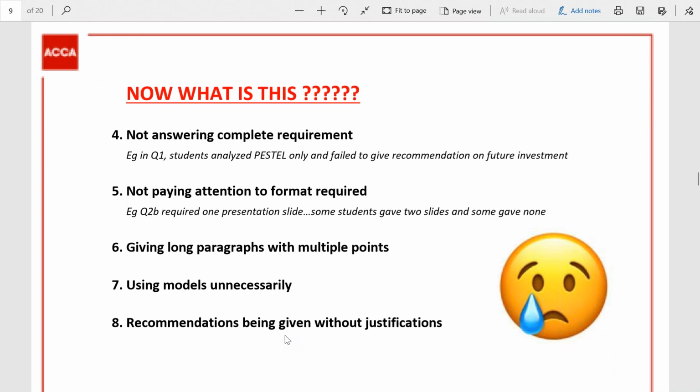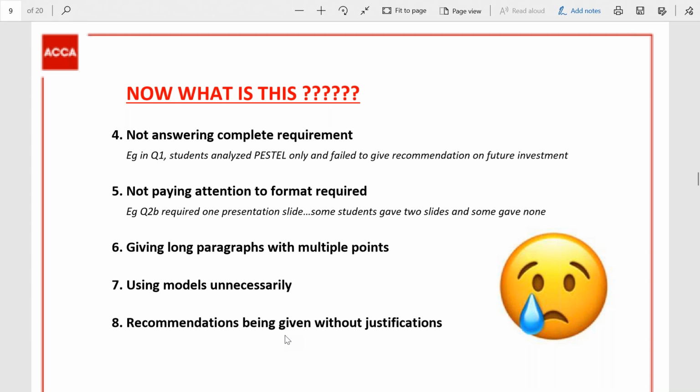The examiner is saying that students are not answering the complete requirement. What the hell? For example, in December 19, in the examiner's report, the examiner said that in question number one, students analyzed PESTEL only and failed to give a recommendation on future investment.